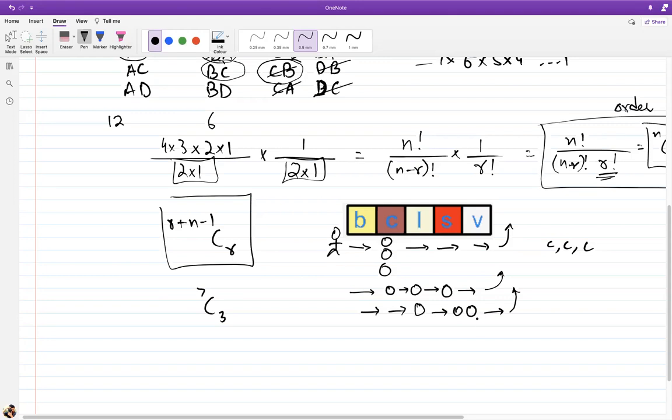In each of these examples, before they hand it to you, what do you see? It's basically three circles and four arrows in each of them. We are picking three things and we're missing four things, right?